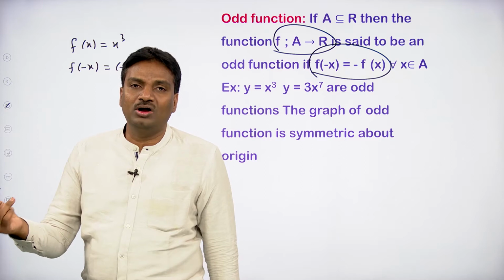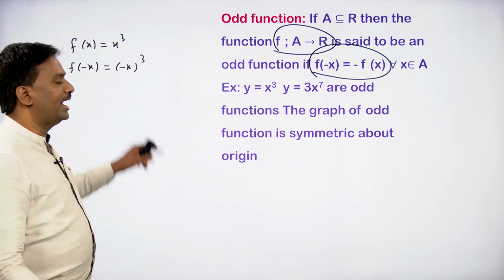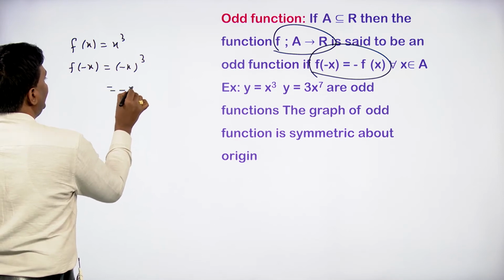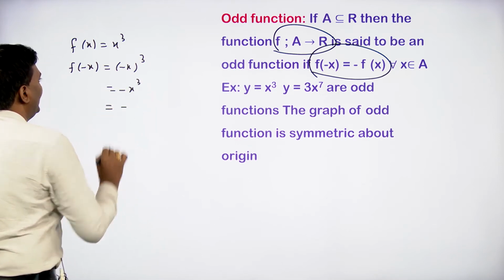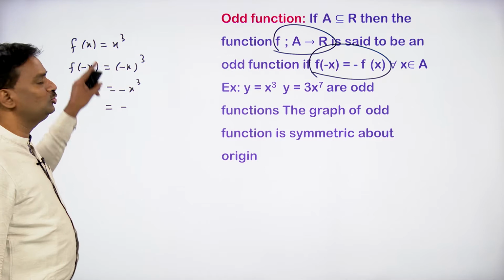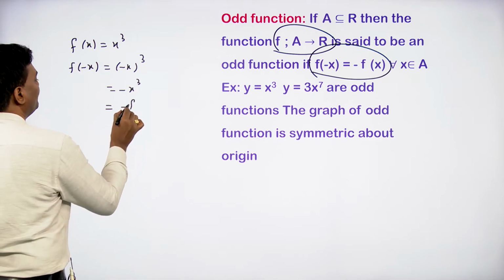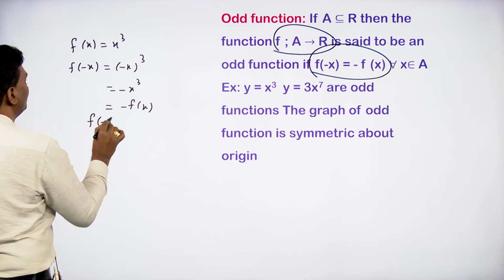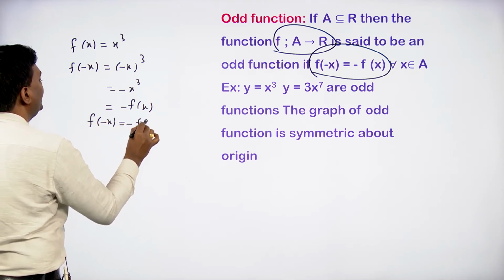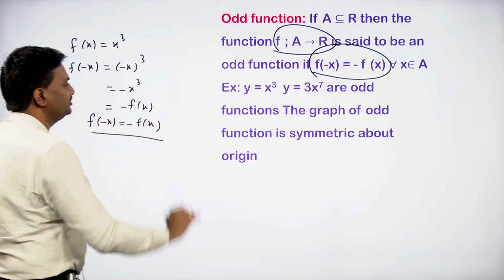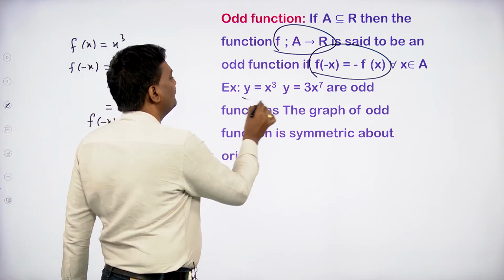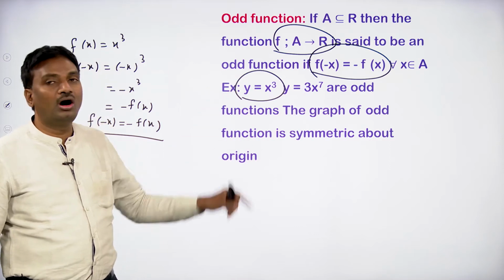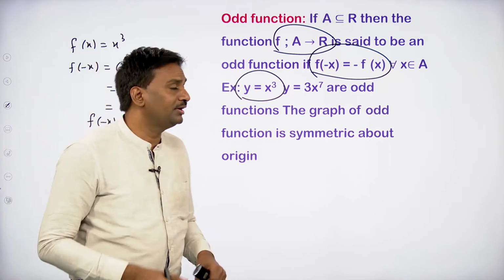So minus x into minus x into minus x, you will get minus x cube. That is negative. According to the problem, x cube is given as f of x. So in place of x by writing minus x, we have gotten minus f of x. That's why we can say the function f of x equal to x cube, or y equal to x cube, is an odd function.